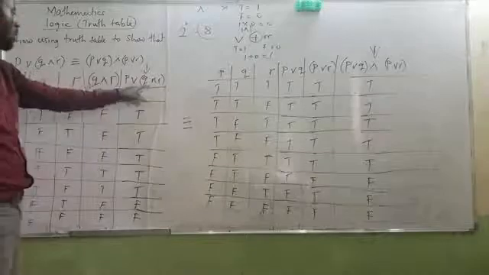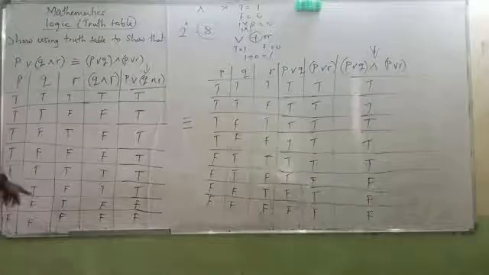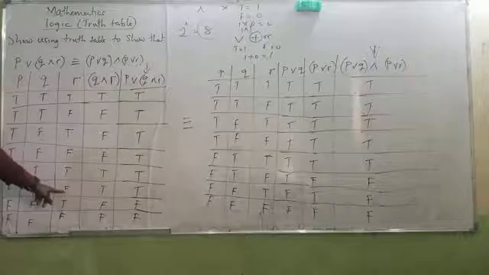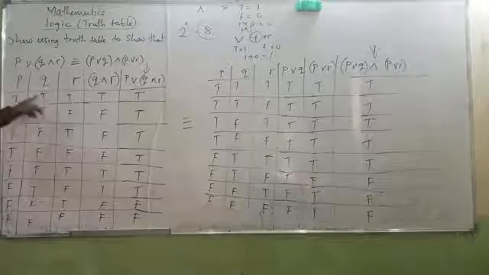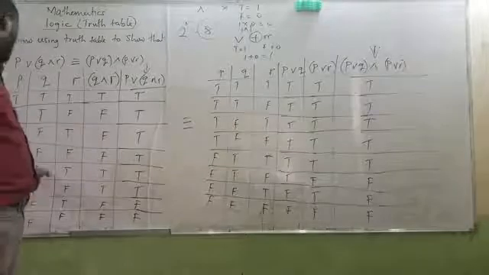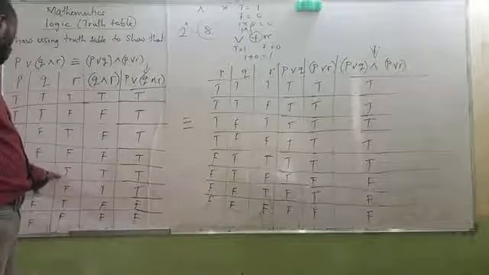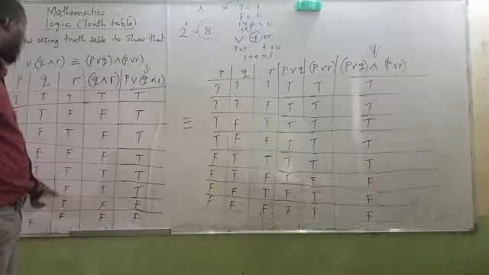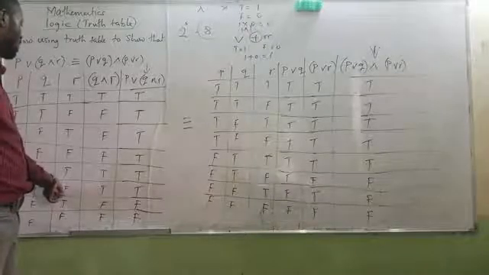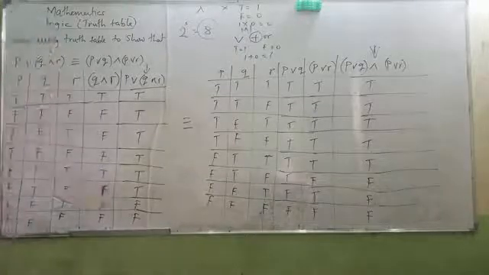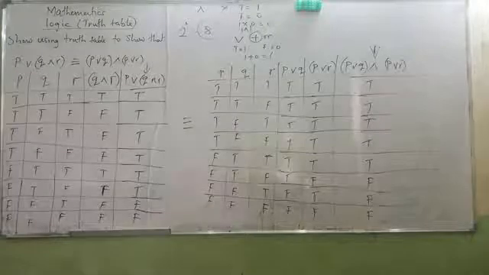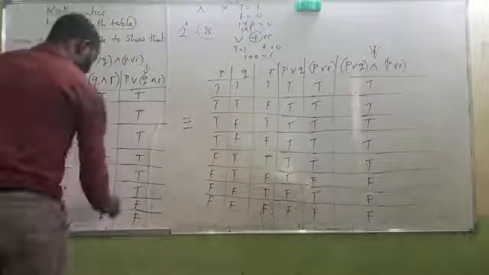P or P and Q. What is my Q? Q and R. Here will be false now. Here will be false. P, yes, and R will be false. And false and false. Sorry, I've changed my print. This is my mistake.